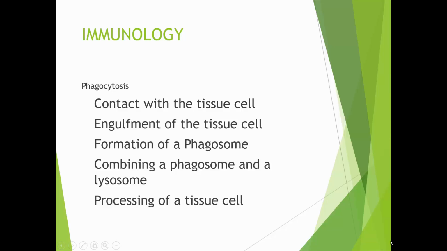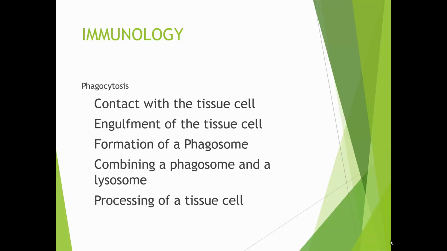So we need to look at the process of phagocytosis, and in particular that of the antigen-presenting cell. That antigen-presenting cell comes in contact with a tissue cell and engulfs it, forming a phagosome, which is a sac containing the tissue cell.